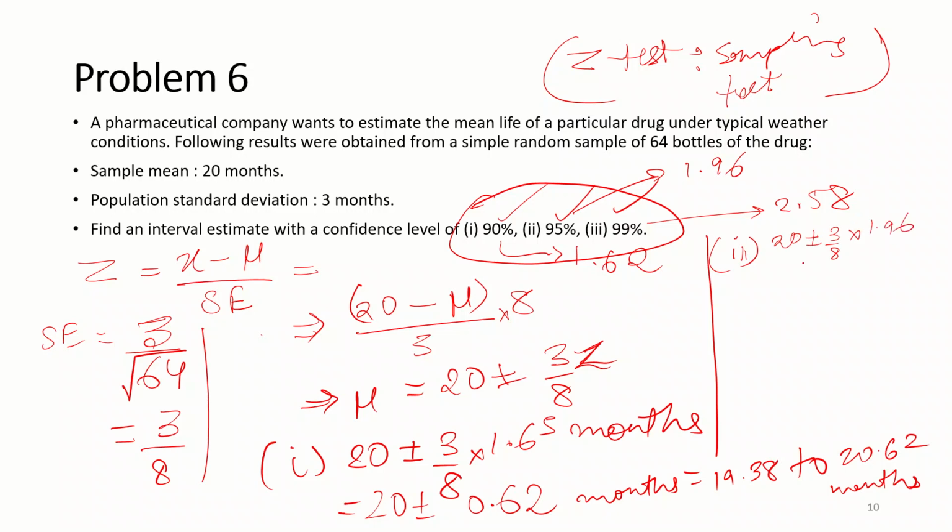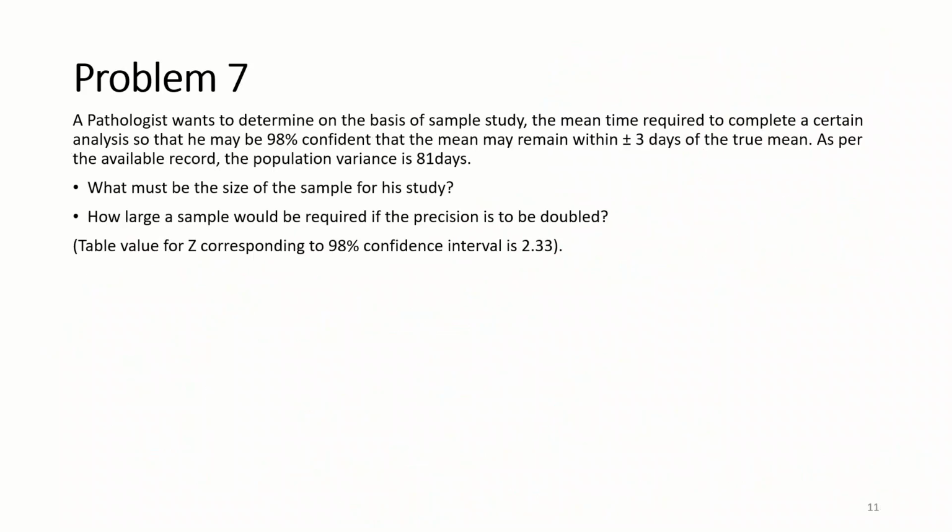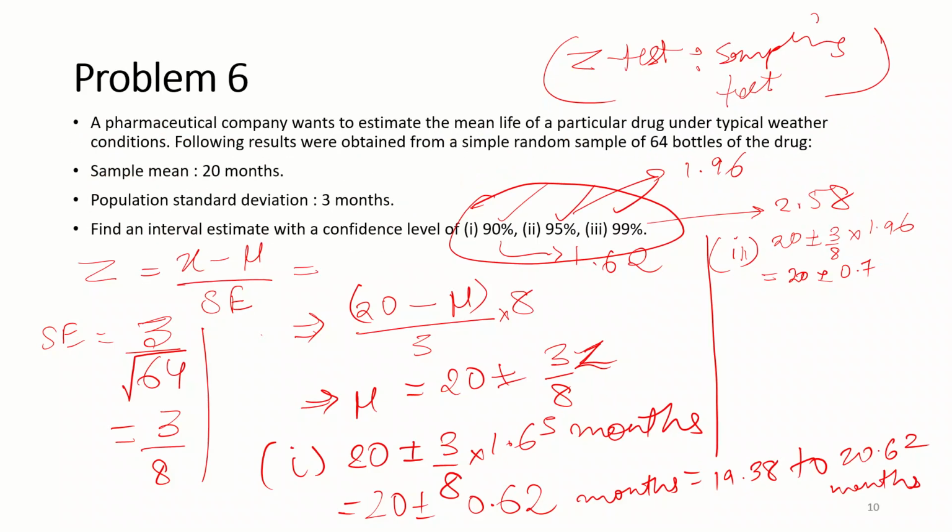What value is coming? 0.735. Okay, let's put it as 0.74.